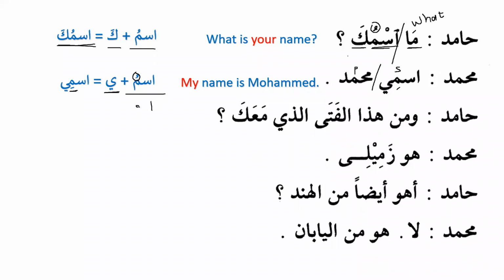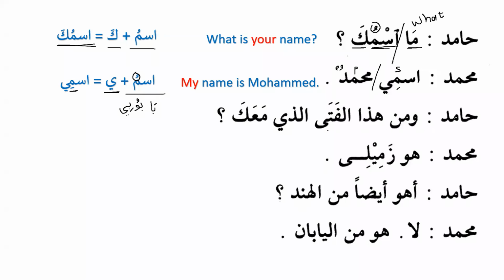We have alif, waw, and ya, right? Alif is compatible with fatha, so we say ba. Waw is compatible with dhamma, we say bu. And ya is compatible with kasra, so we say bi, right? So ba, bu, bi. So that's why it has changed from ismu into ismi. Ismi Muhammadun, my name is Muhammad.